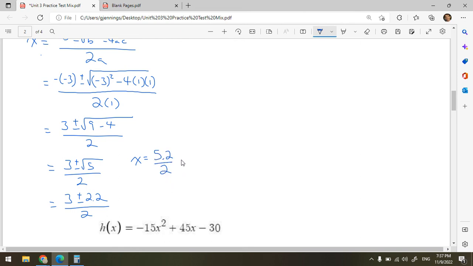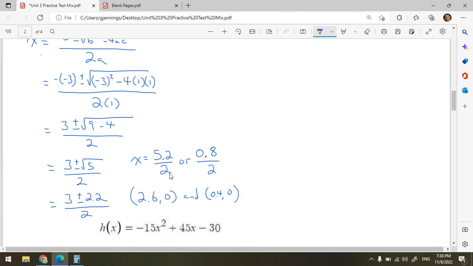That's 3 plus 2.2. Or x equals 0.8. That's 3 minus 2.2 over 2. And your calculator will tell you the same thing, okay? So what is that? The points are 2.6, 0 and 0.4, 0.